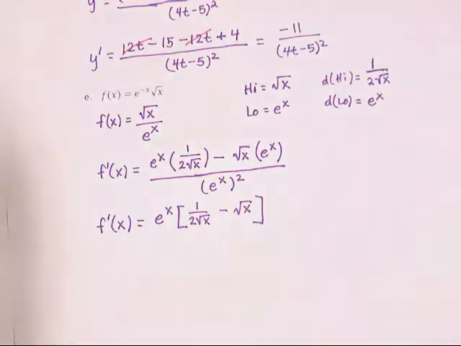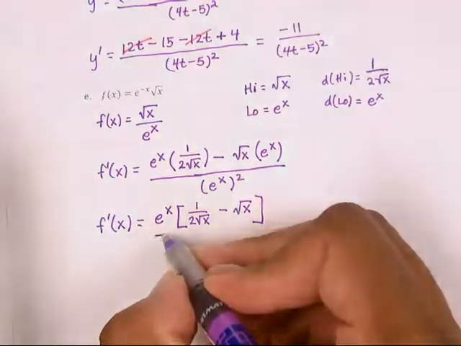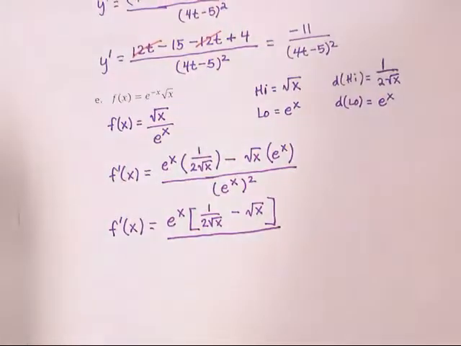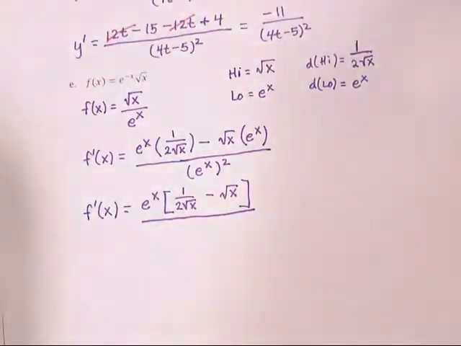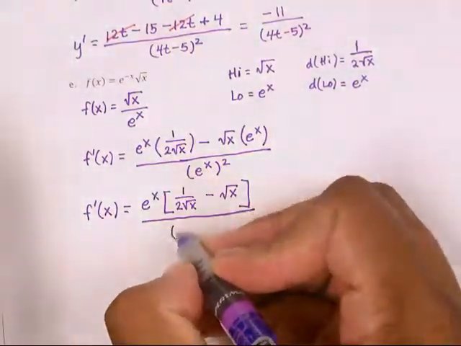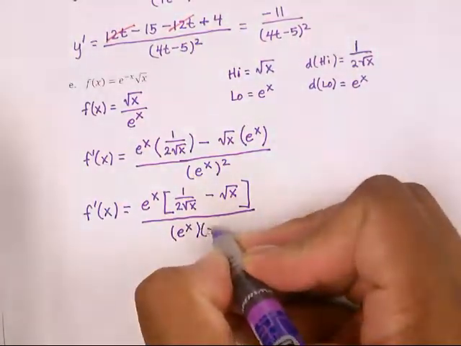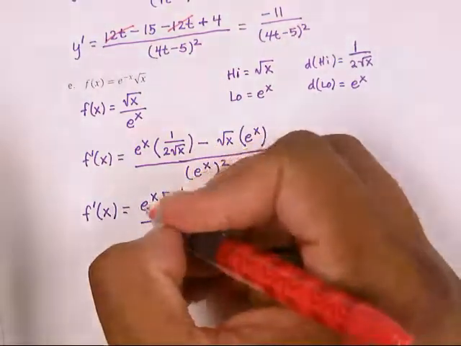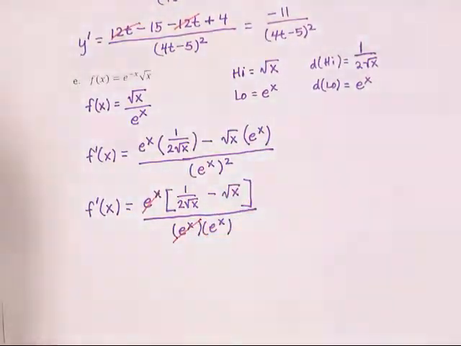And in the denominator, I'm going to break up e to the x, because e to the x is used as a factor twice. So I'm going to write that as e to the x times e to the x. And as you'll see here, one of the e to the x's will divide out in the numerator and the denominator.